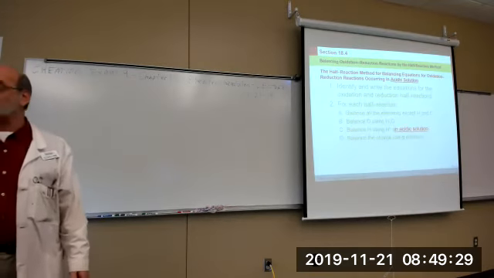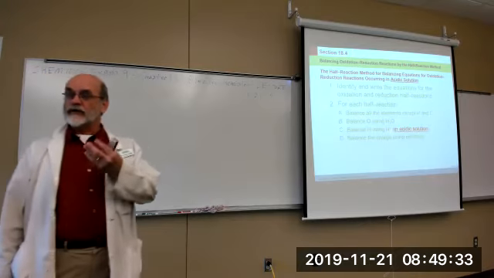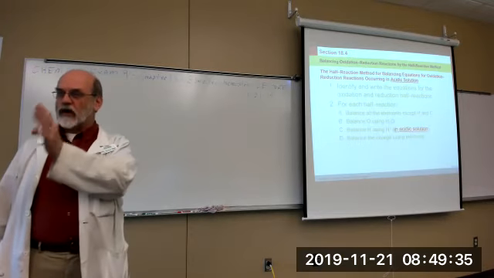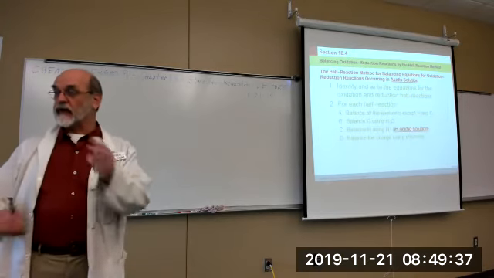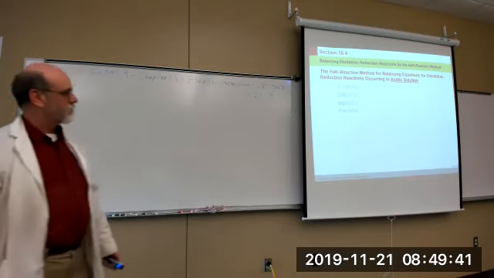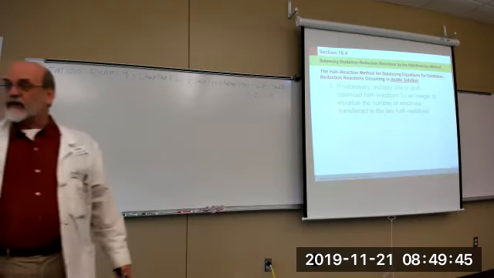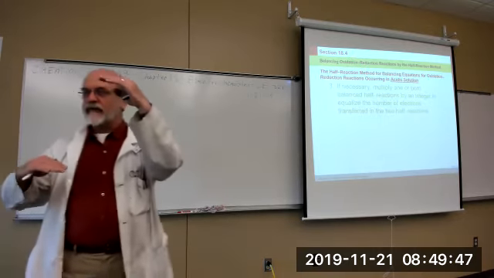Then you balance the charges. Then you put electrons in order to show oxidation or reduction, depending on which reaction you're dealing with. And then once you get those balanced, you balance the number of electrons for each of the half reactions.